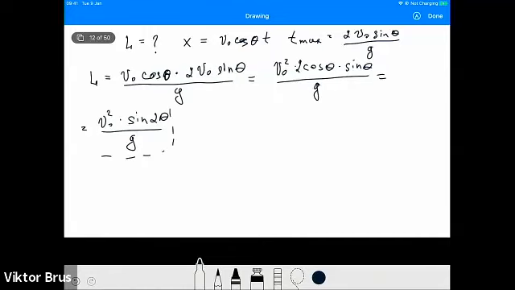And if you analyze this equation a bit, you can see that the maximum value of sine is unity. It changes from 0 to unity. So it will be equal to unity when 2 theta is equal to 90 degrees, because sine of 90 degrees, or pi divided by 2 radians, is 1.